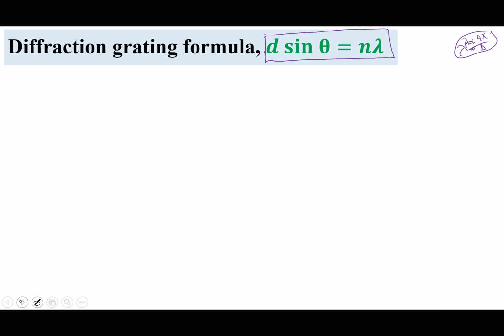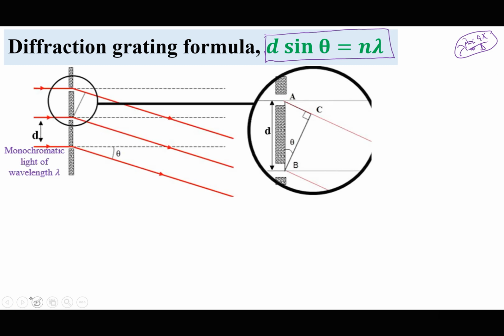So let's consider a smaller section of a diffraction grating where only a few slits have been magnified and shown on the screen here. Let us assume monochromatic light of wavelength lambda is incident on a diffraction grating, and the distance between two slits is d.